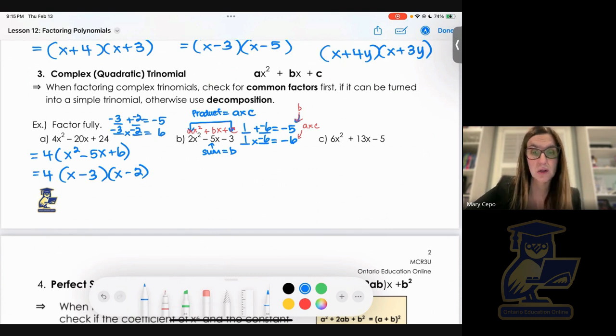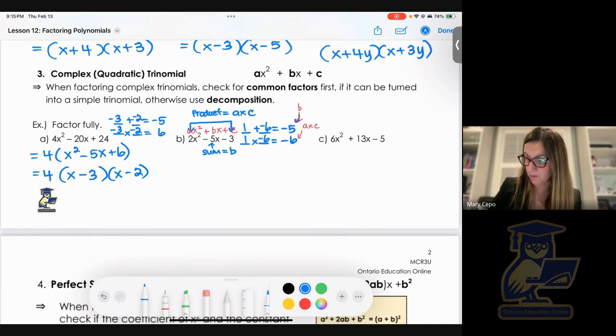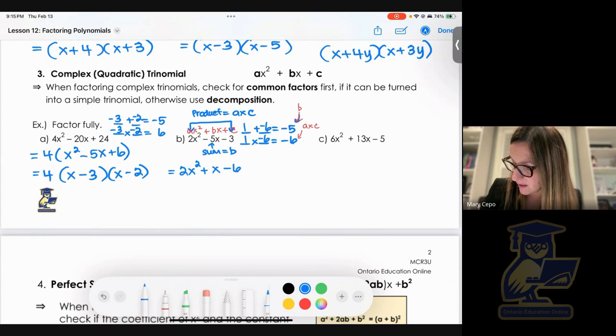So because we are factoring using decomposition, to decompose something means to break it down. So what we need to do is break down the middle term. So with that, we're going to keep the first term, and we're going to decompose the middle term into the two numbers we came up with. So -5x can be broken down into positive x minus 6x.